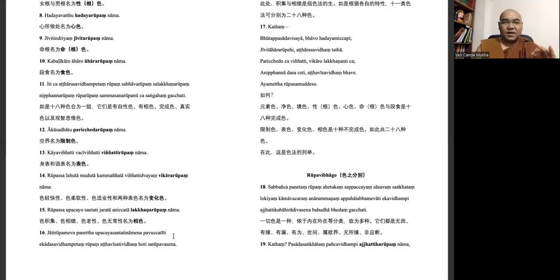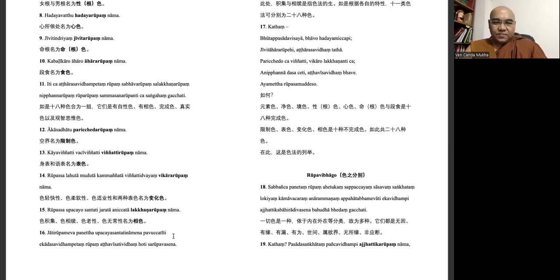So 7 kinds we get. After that, Pariccheda Rupa, Vinnatti Rupa, Vikara Rupa, and then Lakkhana Rupa. Altogether 11 kinds.